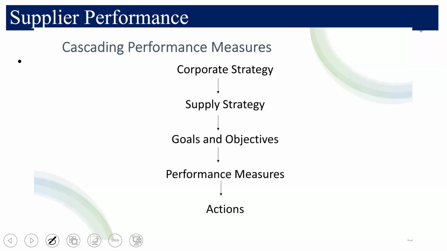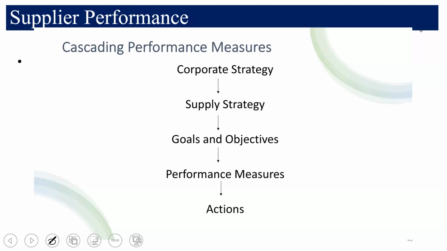Corporate strategy means the top level. Then supply strategy, goals and objectives, performance measures and actions. So these are the performance measures we do in sourcing, right? So first we go through the corporate strategy, then what is our supply strategy, and then we set goals and objectives, then we cascade it into performance measures and actions.